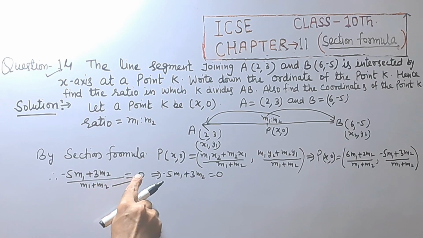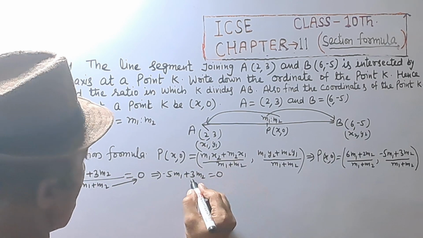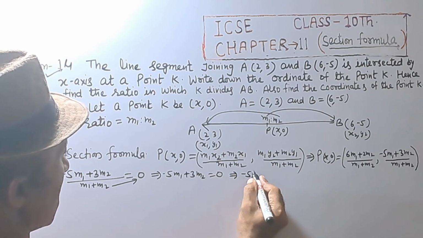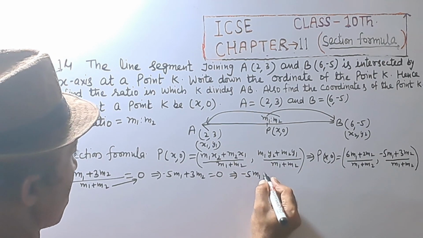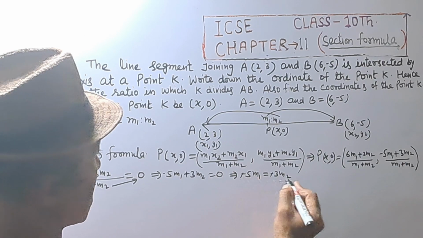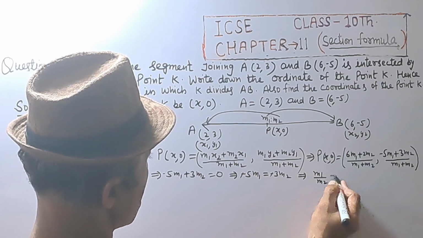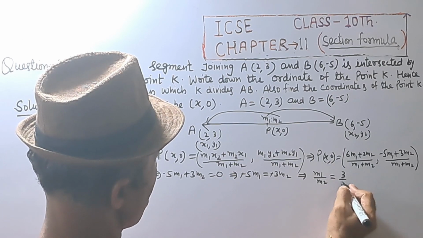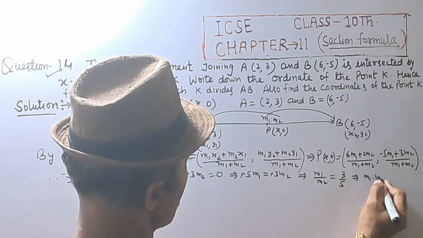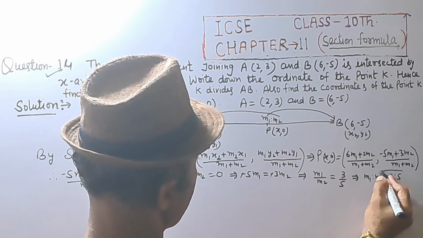We are shifting 3 M2 to the right side, -5 M1 is equal to -3 M2, minus minus is cancelled and M1 upon M2 is equal to 3 upon 5, which implies M1 ratio M2 is equal to 3 ratio 5.